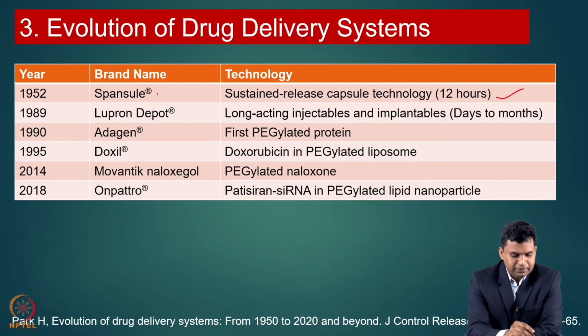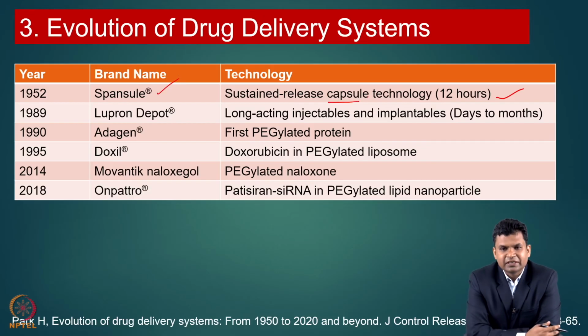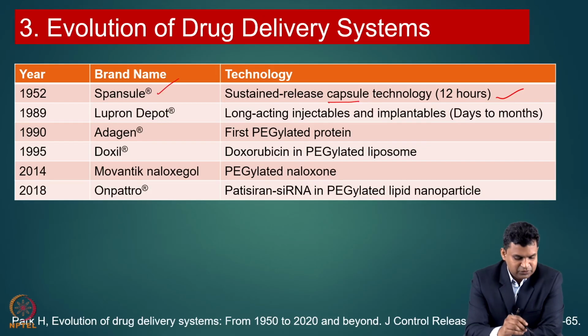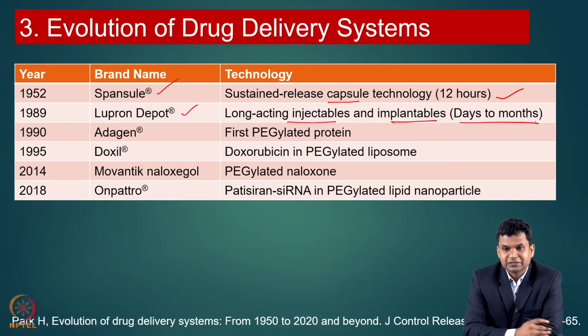This is one brand name, Spansul, a capsule technology, with which you can expect 12 hours of release from the drug delivery system. Lupron Depot, long-acting injectables and implants can release for months.